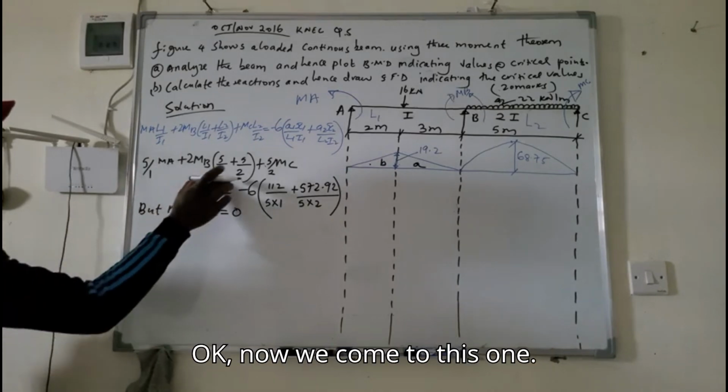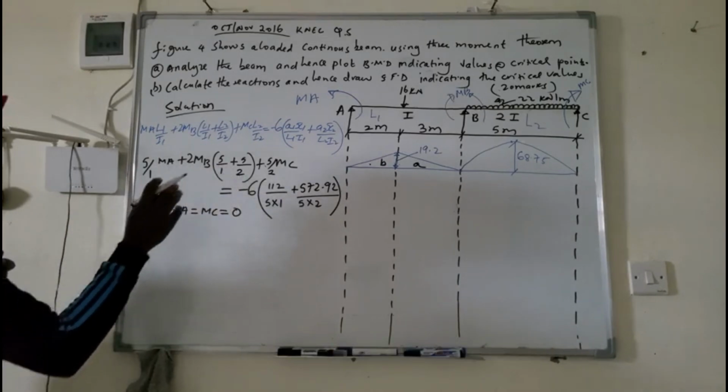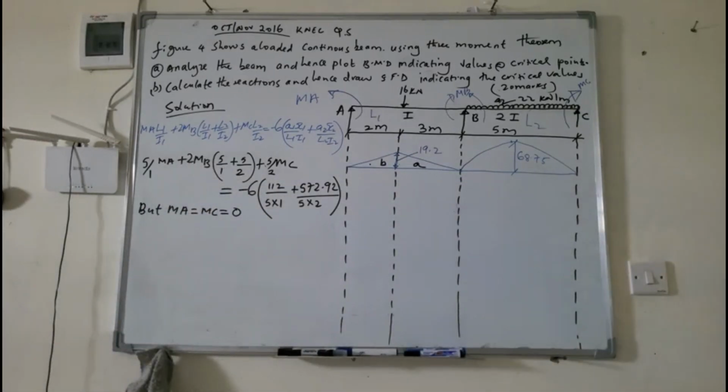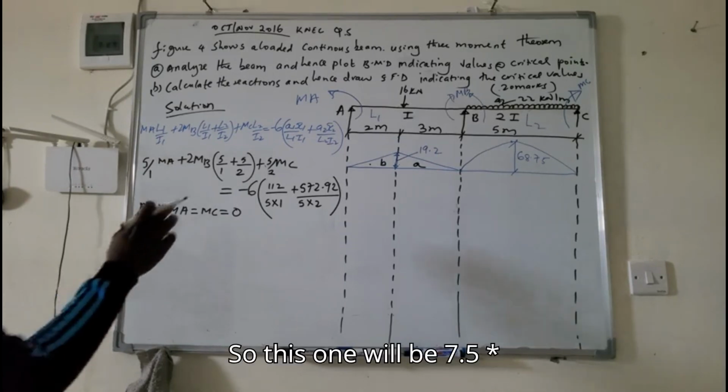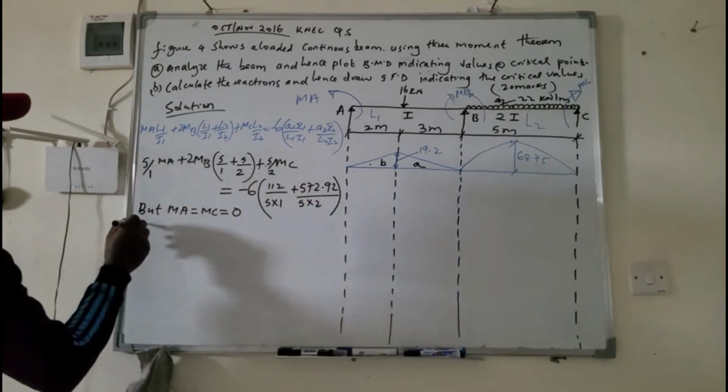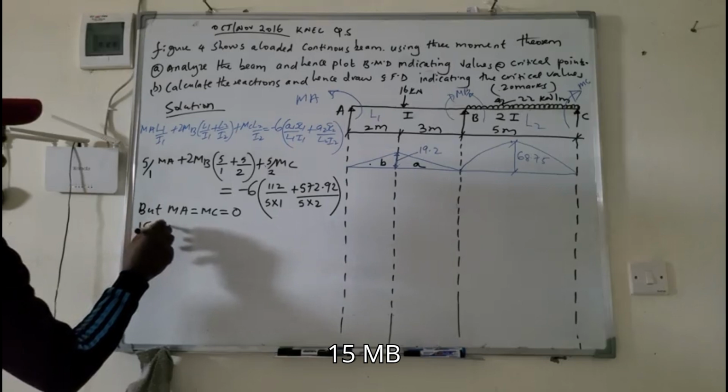Now we come to this one. 5 over 1 plus 5 over 2. That one will give you, so this one will be 7.5 times 2, that is 15. 15 MB.